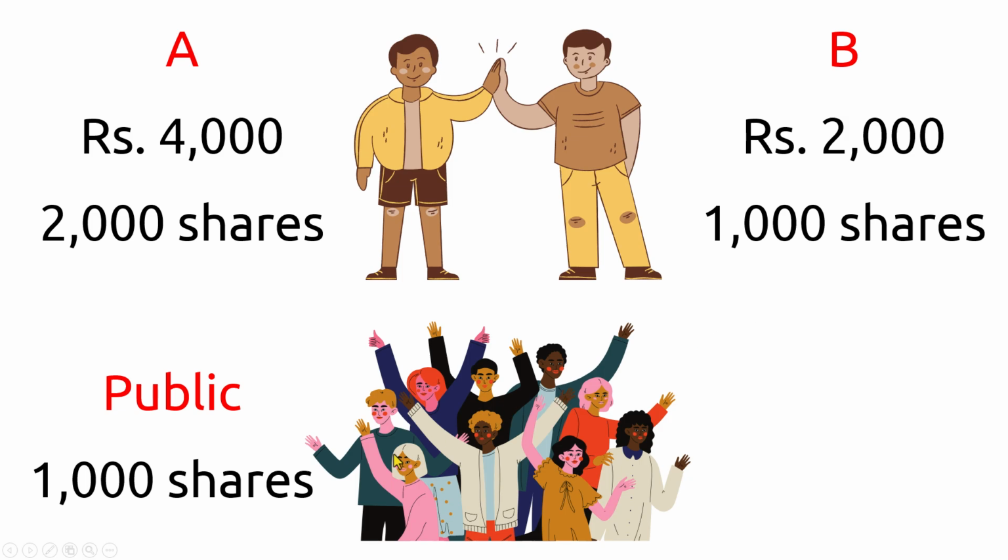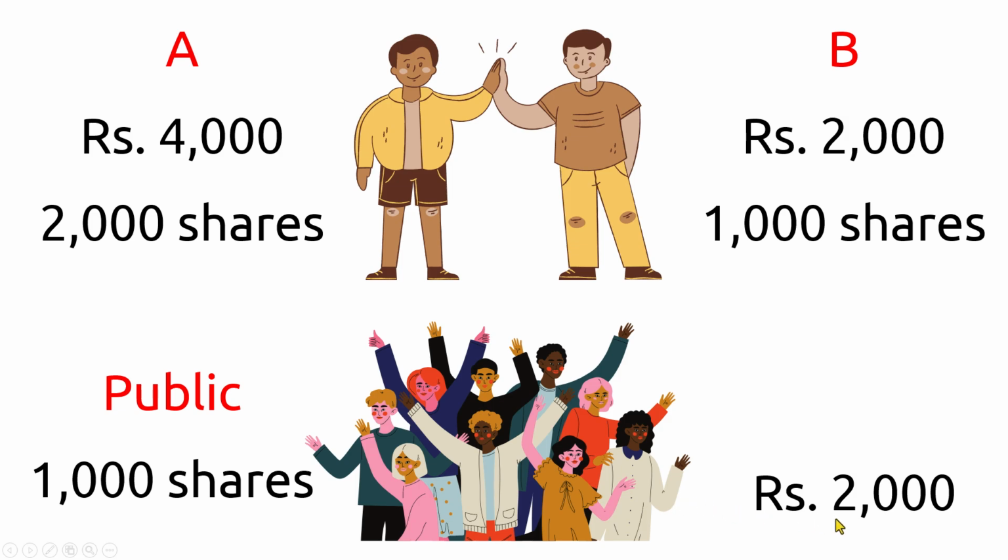So 1,000 shares are bought by the public and they get their 2,000 rupees, which adds up to 10,000 rupees, and then they start their company. This is the first case which we have already learnt about. I made this example simple so as to explain the concepts of the stock market.